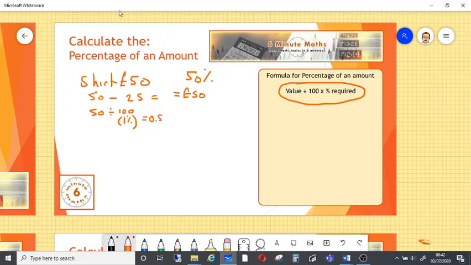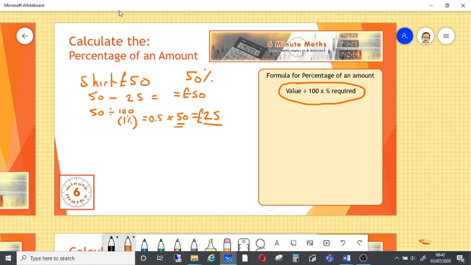Then 0.5 times the percent we want to find, which in this case was 50% off, gives us an answer of 25. So £50 divided by 100 times 50 means we're getting £25 off the shirt.